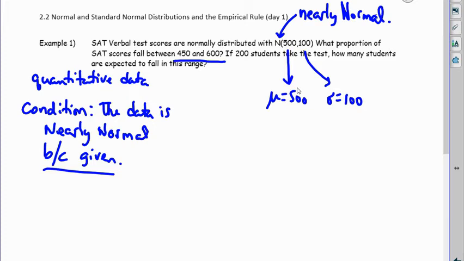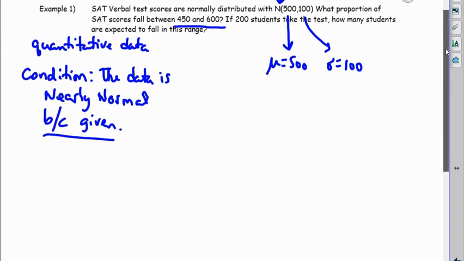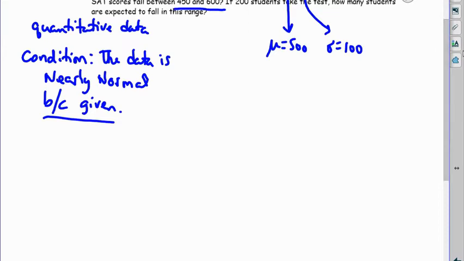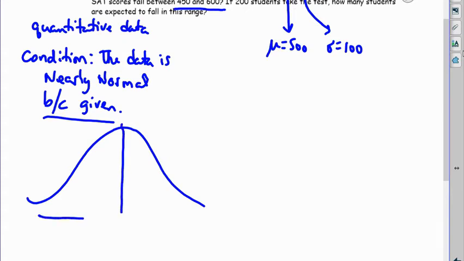And so I'm going to draw a nearly normal curve. The middle of my curve will be the mean, and then my standard deviation.